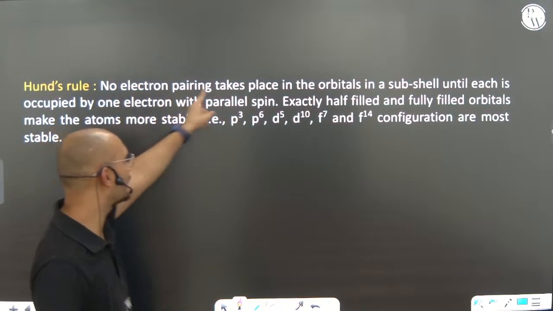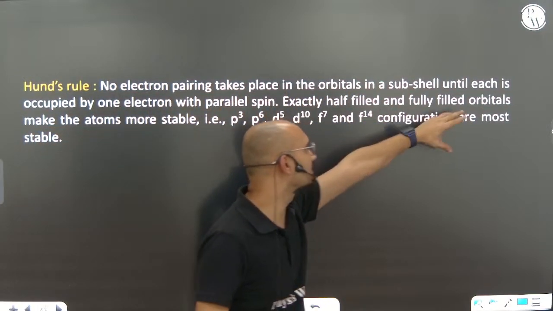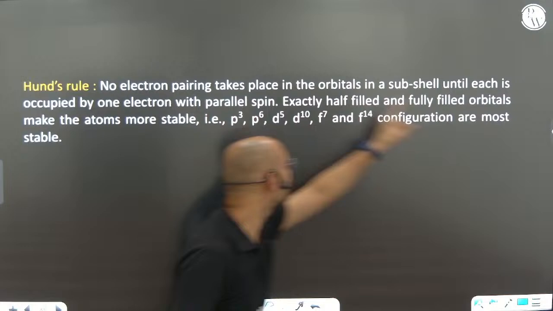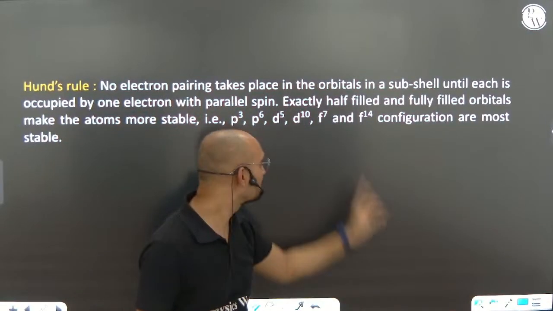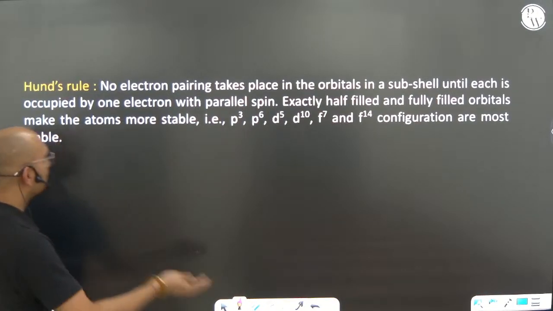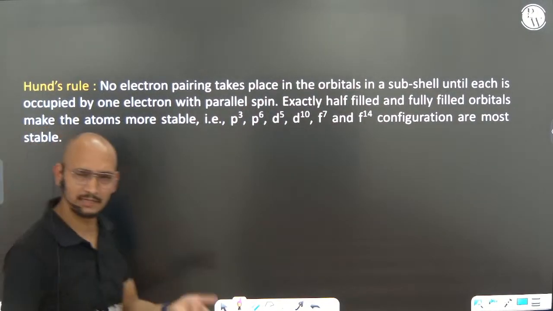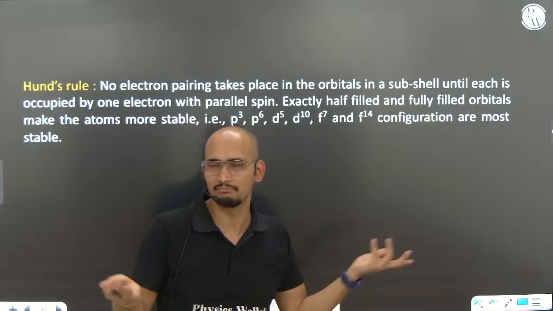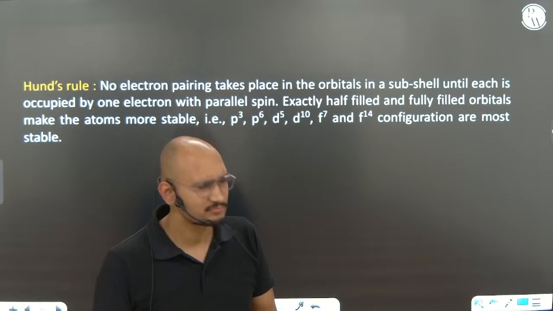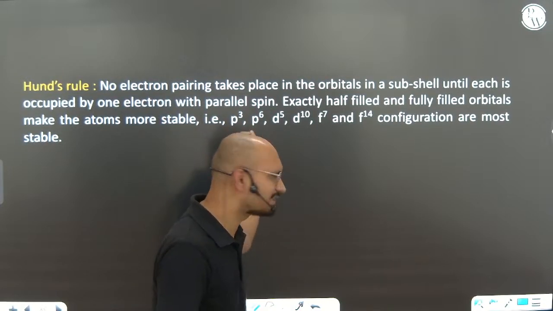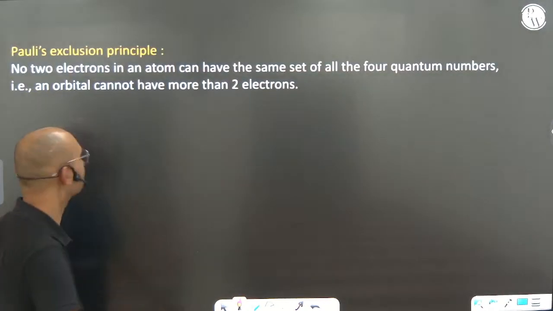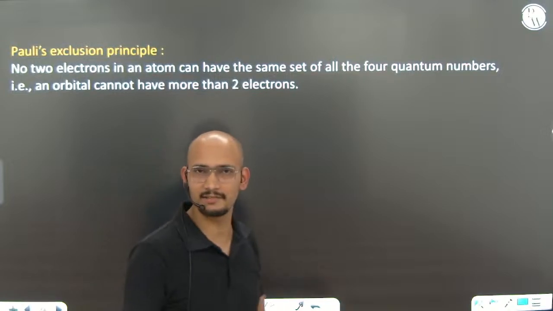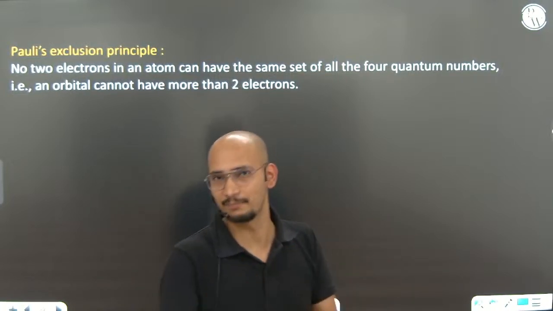So no electron pairing takes place in the orbitals in the subshell until each is occupied by one electron with parallel spin. Okay, exactly half filled and fully filled orbitals make the atom more stable. Half filled and fully filled is more stable. There are many reasons, but here you just have to keep in mind that they are more stable. And if someone asks you the reason, exchange energy is there and symmetry is there.